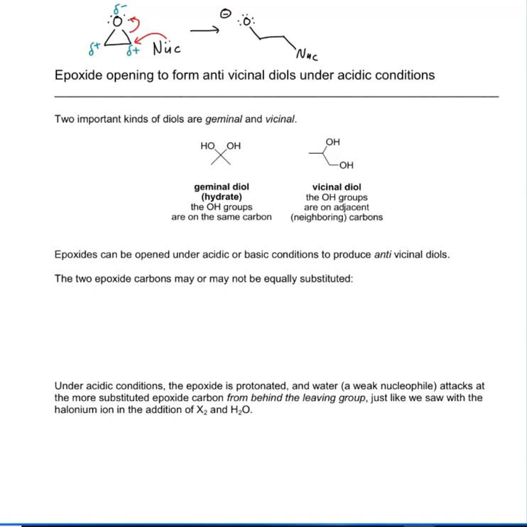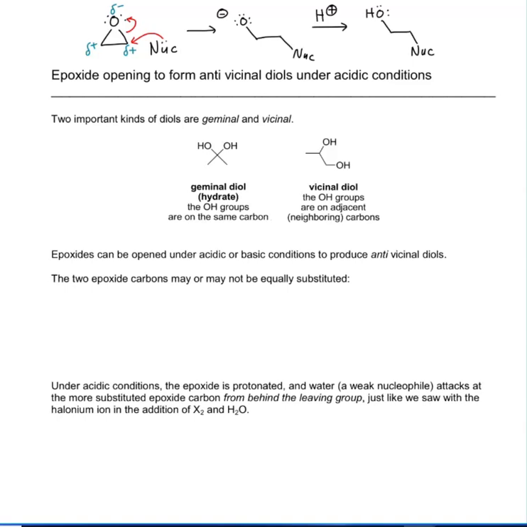And then you can add in some acid. So we'll say H plus as an abbreviation for some acid, and protonate that alkoxide intermediate and get to this. So that's called opening an epoxide. So breaking one of the C-O bonds to relieve the strain in the ring and make it not a ring anymore. So one of the things we can do with an epoxide is to form something called an anti-vicinal diol. So let's take a look at what all of this means.